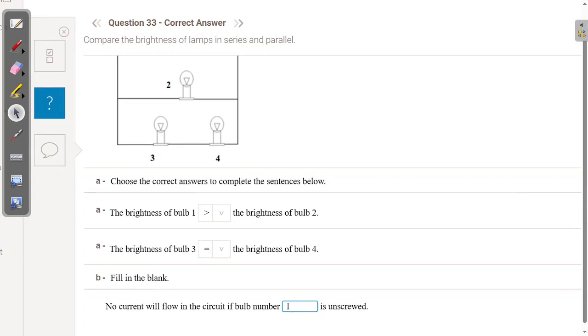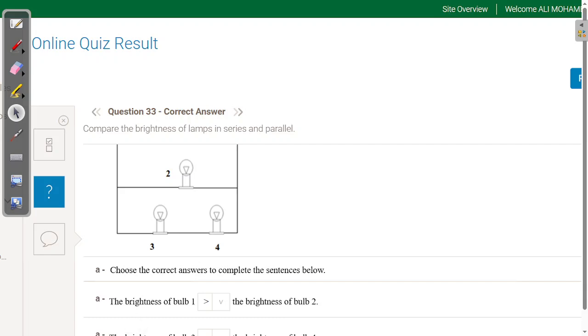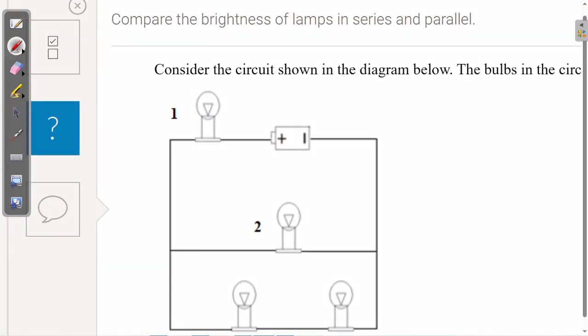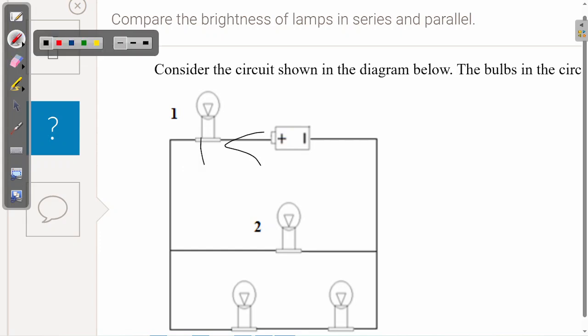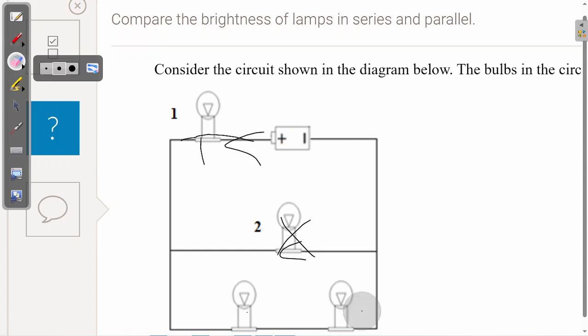Okay, and no current will flow in the circuit if one is unscrewed. Yes, because current flows this way. If it's broken off, then none of them can work. If, for example, 2 was unscrewed, then 1 will work, 3 and 4, because 2 is alone.